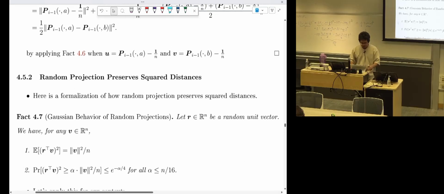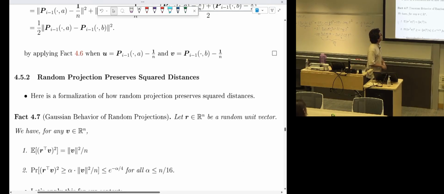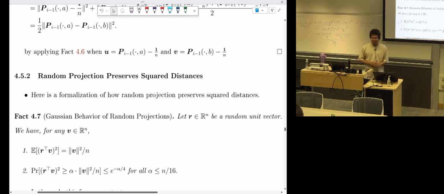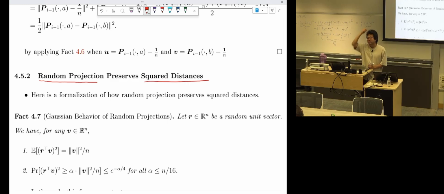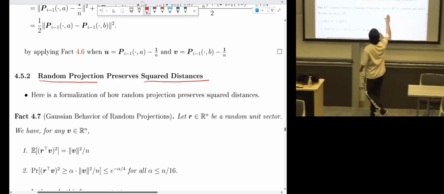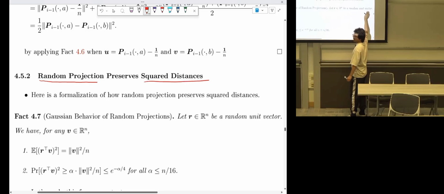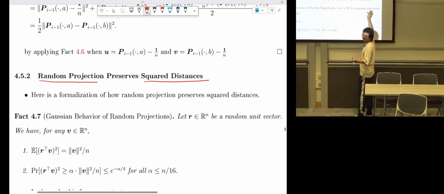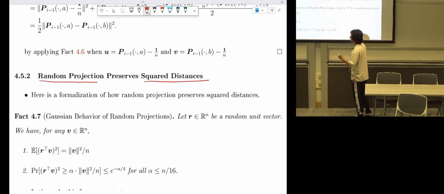To understand what's going on, I'll tell you about an important property of random projection. I want to say that random projection preserves square distance. Here is a formalization of what I want to say. Let's say that R is a random unit vector, a random direction.